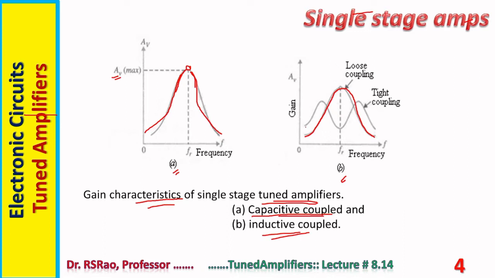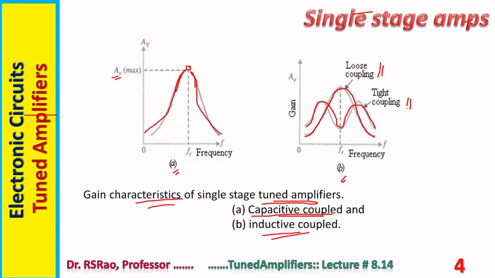Another curve is also there. It is like a sinusoidal curve or two bell curves side by side. One bell, another bell. One curve is for the case of loose coupling, another curve is for the case of tight coupling. Notice tight coupling gives the least amount of gain, whereas loose coupling gives maximum gain.